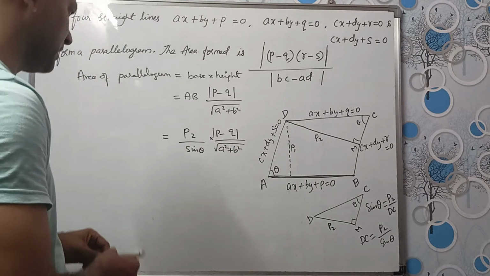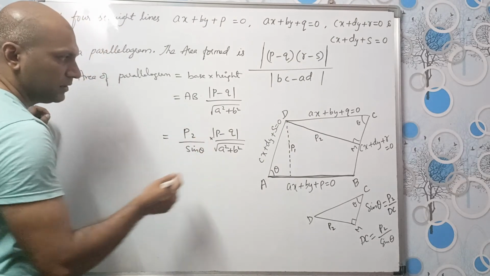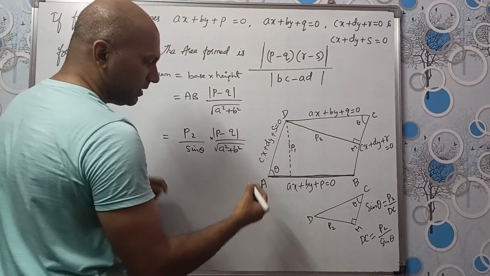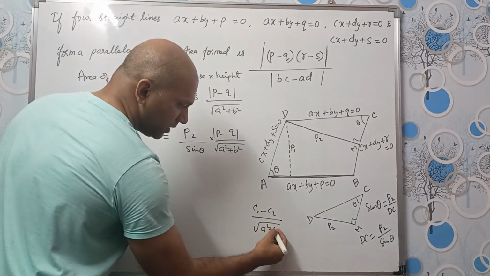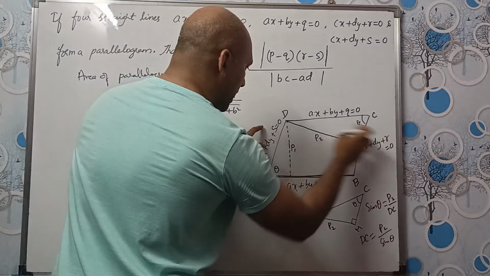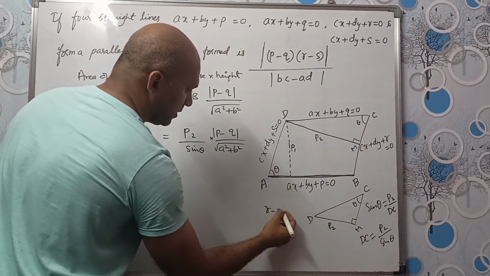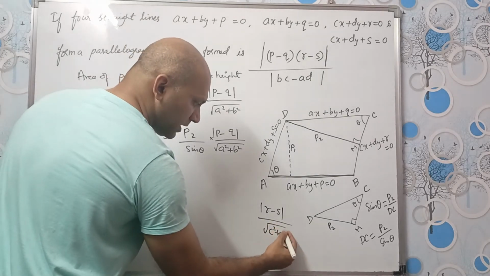Now, see, what is the value of P2? P2 is the distance between these two parallel lines, right? So if we apply the C1 minus C2 divided by root A square plus B square formula, this will be R minus S divided by root of C square plus D square.